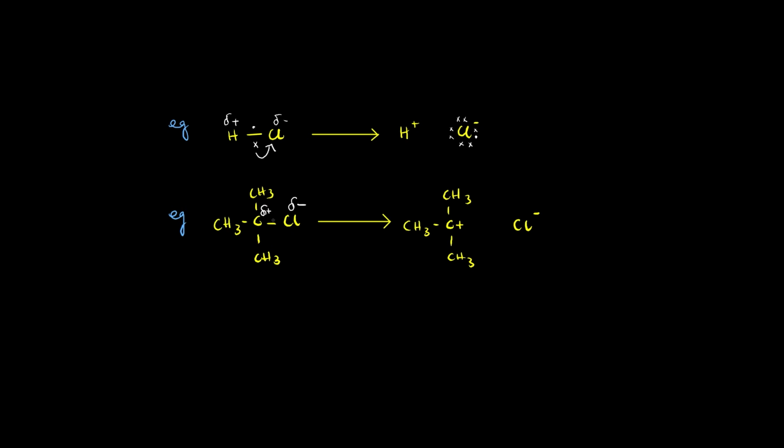When this heterolytically breaks up, both of the electrons go to the chlorine and it forms the chloride ion, but it also forms this entire ion. This ion goes into a classification of ions called carbocations, and there are quite a number of types of carbocations covered in previous organic chemistry chapters. So this is basically heterolytic fission.